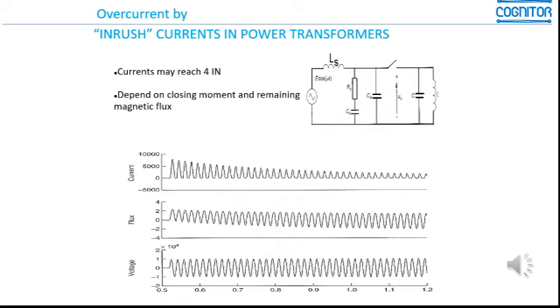Another kind of transient that we call the inrush current is not an overvoltage transient, it's an overcurrent.